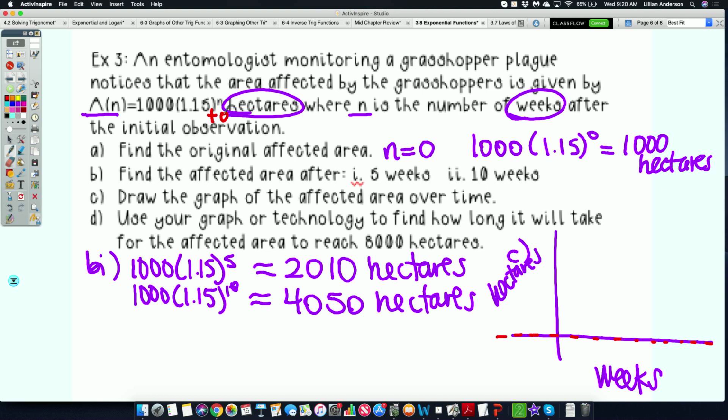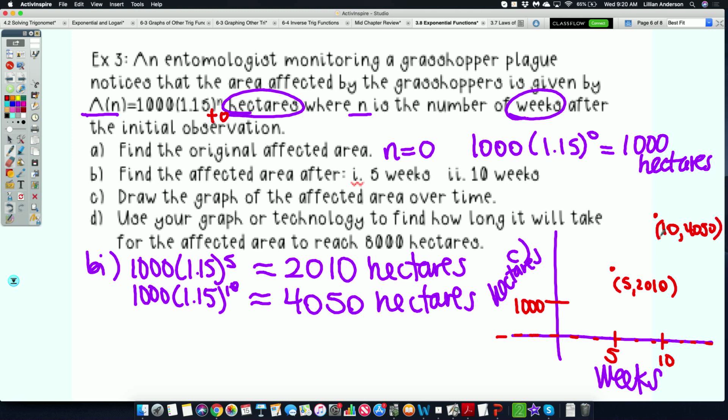When n equals 0, my y-intercept, what was that value? 1,000. Actually, I'm going to put that a little bit lower. I got horizontal asymptote and y-intercept mixed up, so we want to be very careful. Then we have 5 weeks, 10 weeks. We know at 5 weeks we're at 2010, and we know at 10 weeks we are at 4050 roughly.